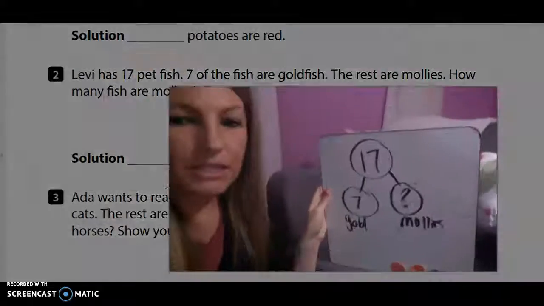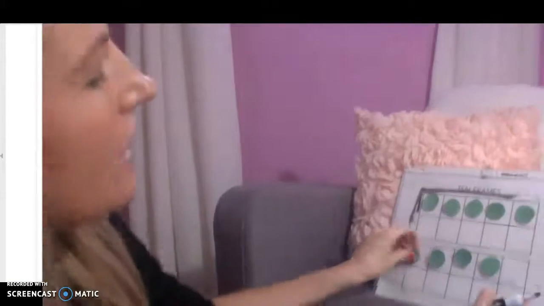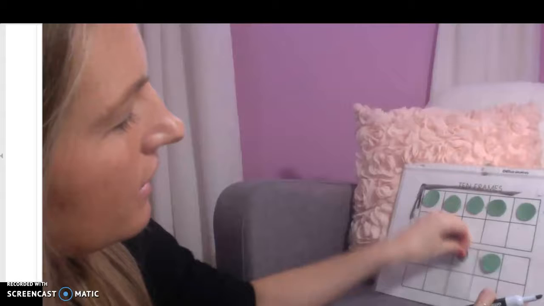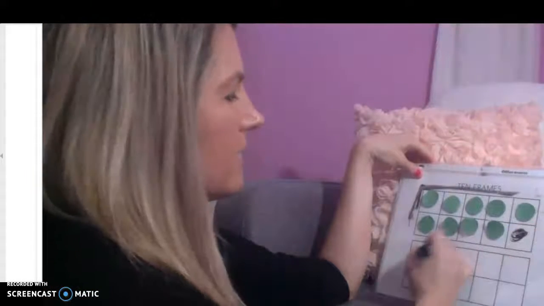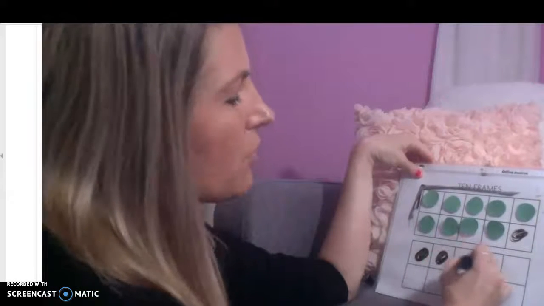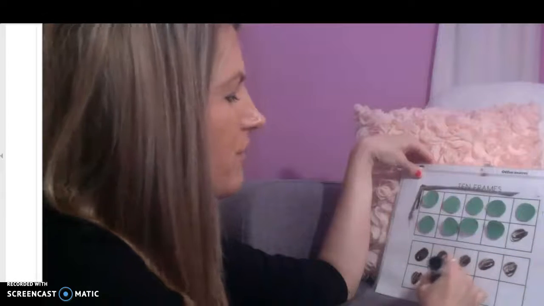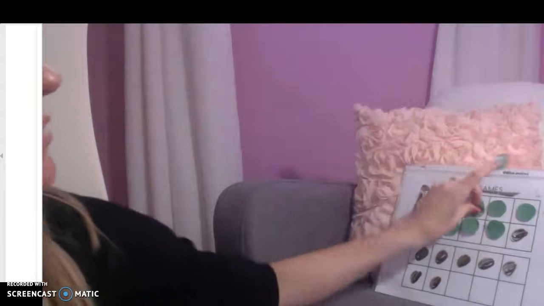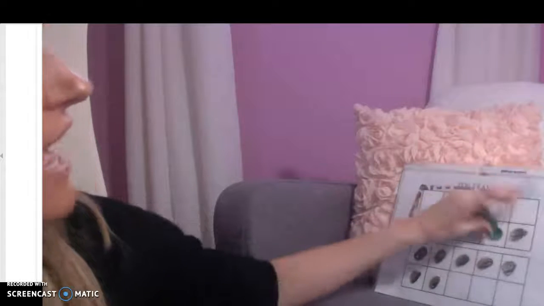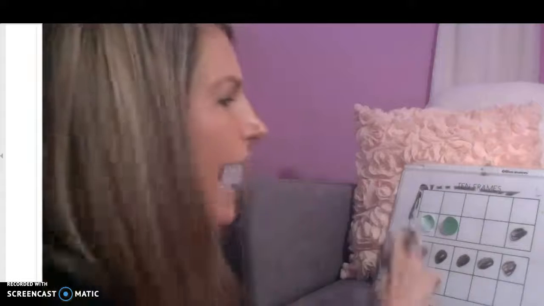Well, you'll need to go back. I have 17 total fish. Okay. 7 of the fish, 1, 2, 3, 4, 5, 6, 7. 7 of the fish are goldfish. How many are left that are mollyfish? You'll need to add those up.